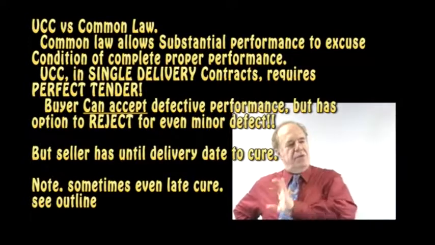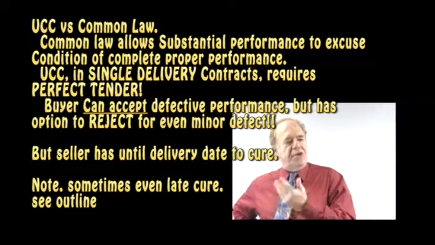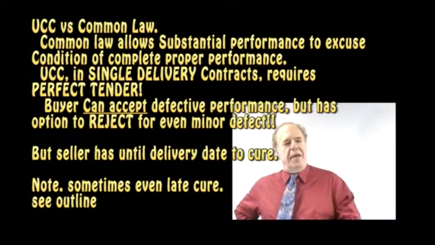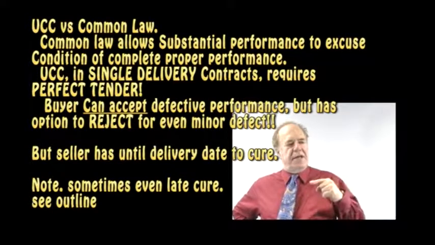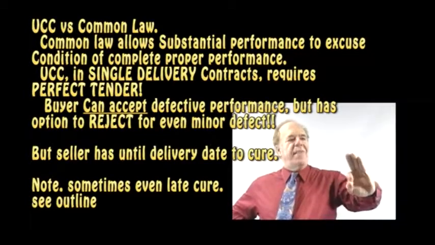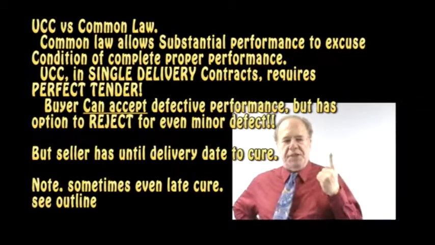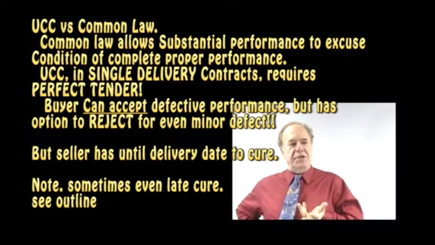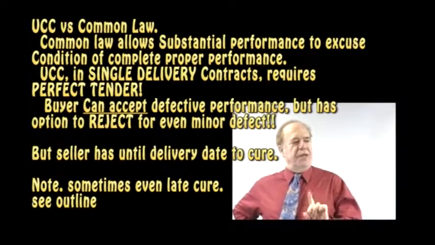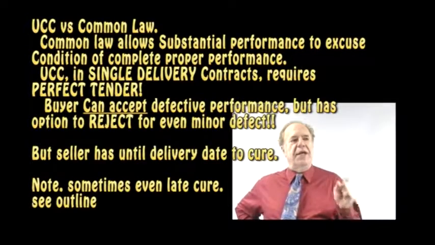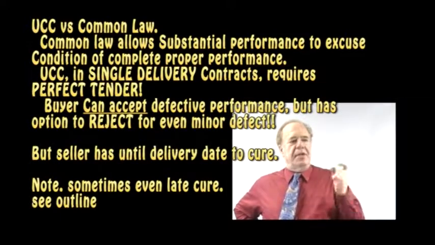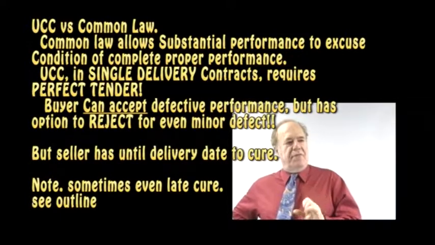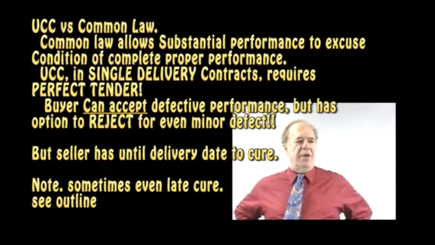By the way, I happen to be using those to make special pastry goodies for Christmas, right? You show up with 99 bushels. Do I have to take the 99 bushels and subtract damages for the missing bushel under the UCC? I can take them if I want to, but I don't have to. Under the perfect tender rule, I can say, go home, I don't want your 99 bushels. It's not a perfect tender. You have the right to cure until the time for delivery, but not beyond. So be aware that's another example of a difference between the common law and the UCC.